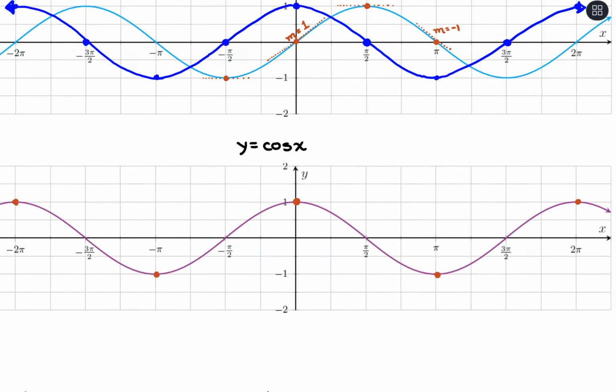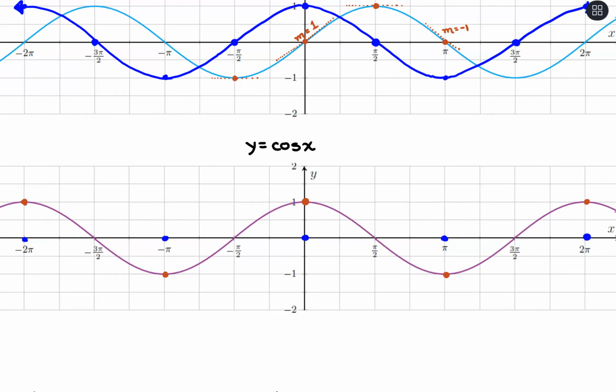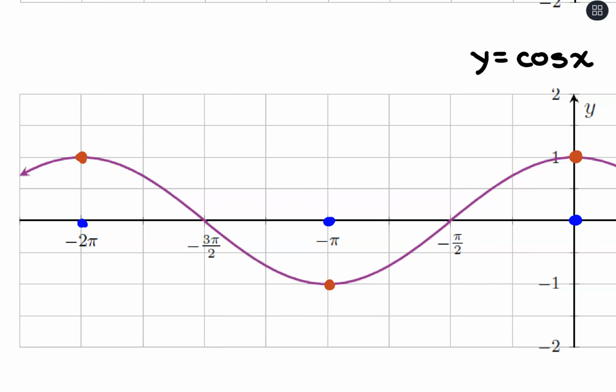So we're going to have zeros at 0, pi, 2 pi, negative pi, negative 2 pi. And then what we could do is find those spots where we have slopes of 1 coming through. So at negative 3 pi over 2, if I imagine my tangent line, that's going to be my slope of negative 1, so we'd be down here.